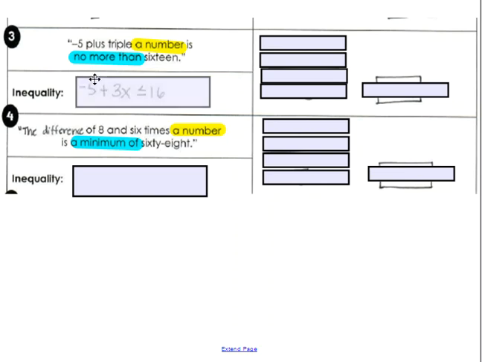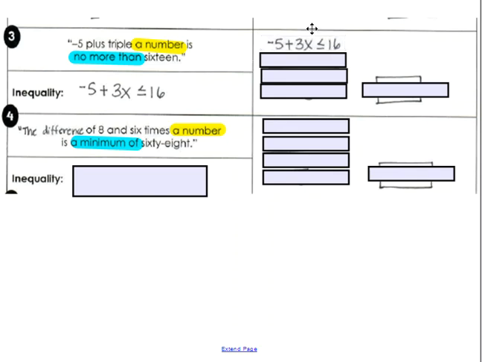That means we want to use the less than or equal to sign. You can refer to your sheet if needed, but it's going to be less than or equal to 16, but it will not be more than that. So once we've established our inequality, now we come over here and we solve it.